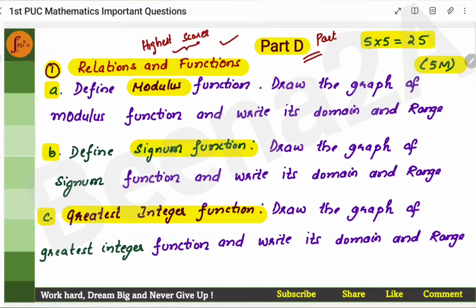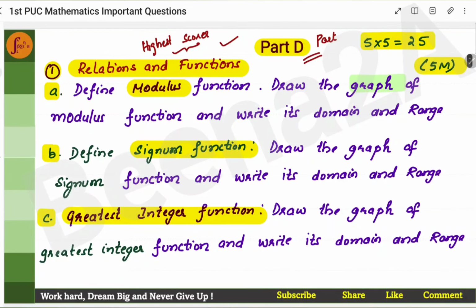Define modulus function, draw the graph, write its domain and range, and or define signum function or greatest integer function, right? You have to write the domain and range, draw the graph. All these 3 have been repeated multiple times in the previous years' question papers.